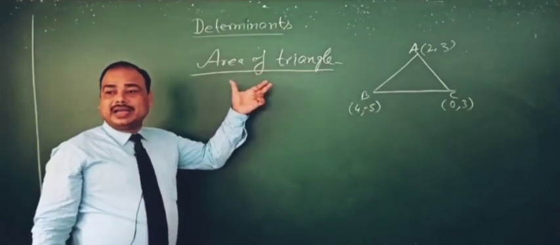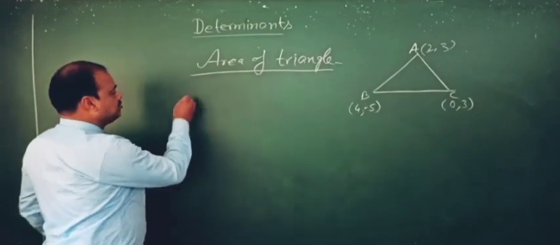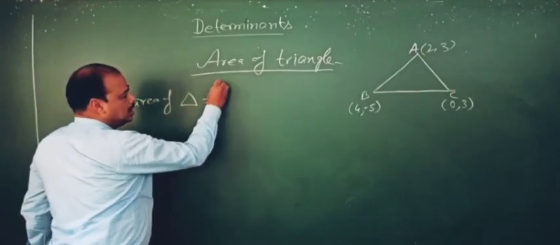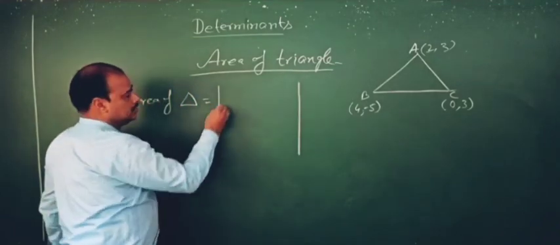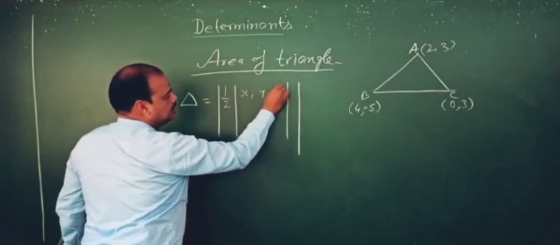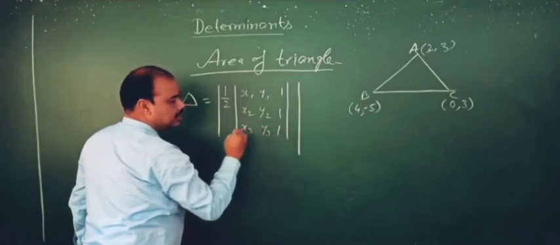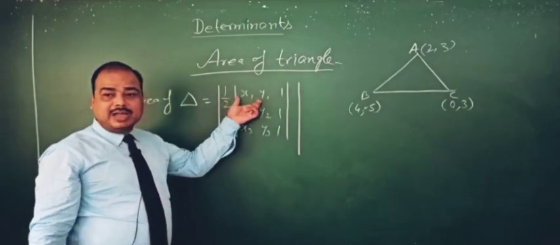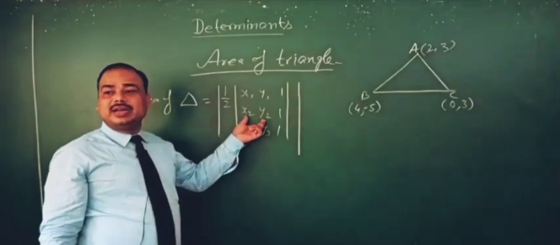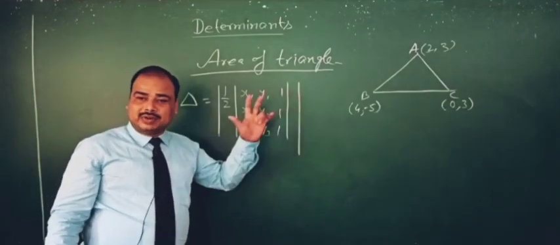How to find the area of a triangle by using determinants? Area of triangle equal to mod of half determinant x1 y1 1, x2 y2 1, x3 y3 1. Here x1 y1 is the coordinate of one vertex, x2 y2 is the coordinate of the second vertex, and x3 y3 is the coordinate of the third vertex.